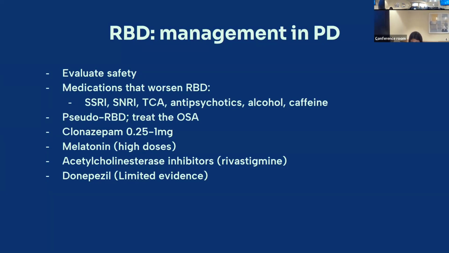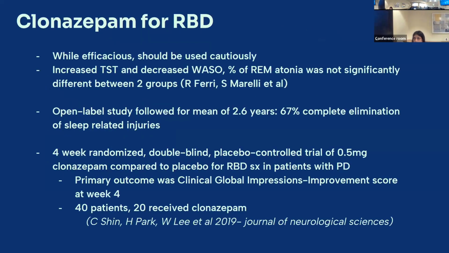Clonazepam is the most studied treatment for RBD, and it works, but should be used cautiously in these patients. The few studies I saw were kind of conflicting. The first one was prospectively studied recently. They had 15 patients with RBD studied on clonazepam, compared with PSG and RBD severity scales, to 42 untreated patients.